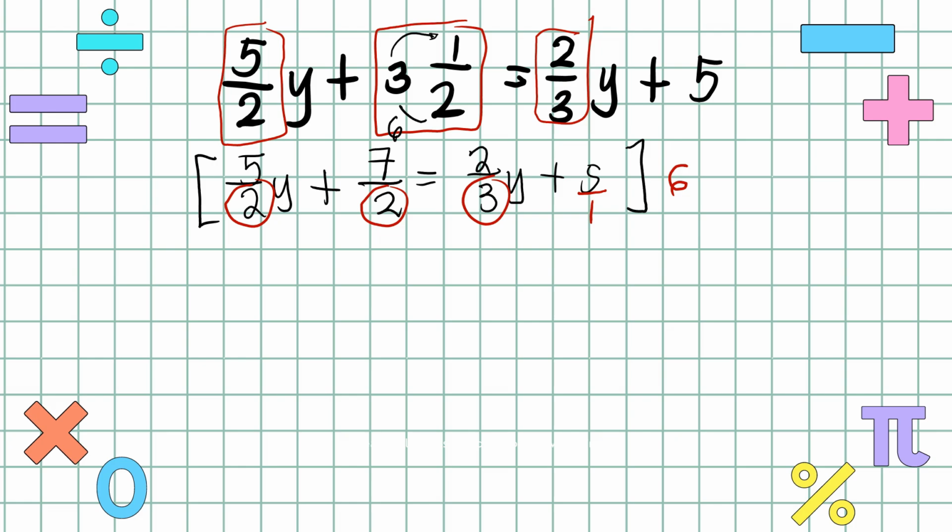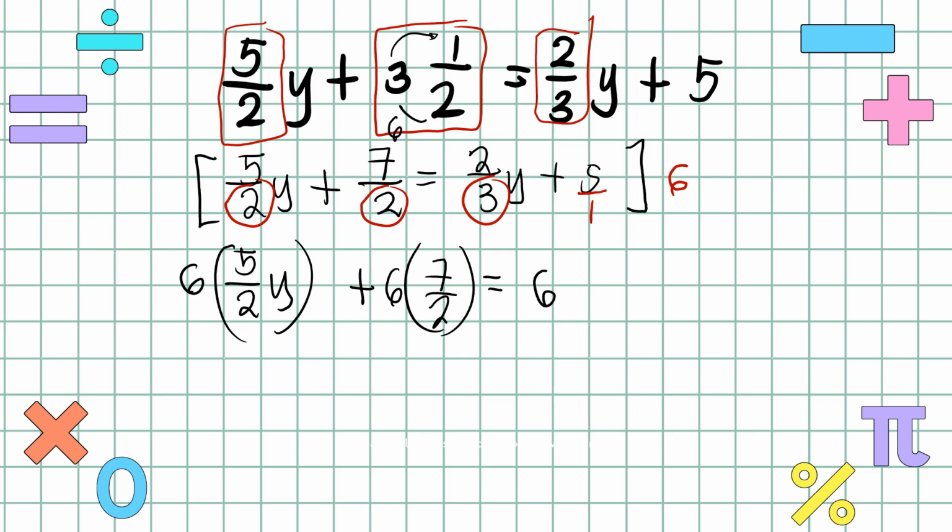So that, if we do that, let's show it here. 5/2 y times 6 plus 7/2 times 6 is equal to 2/3 y times also 6 plus 5 times 6.